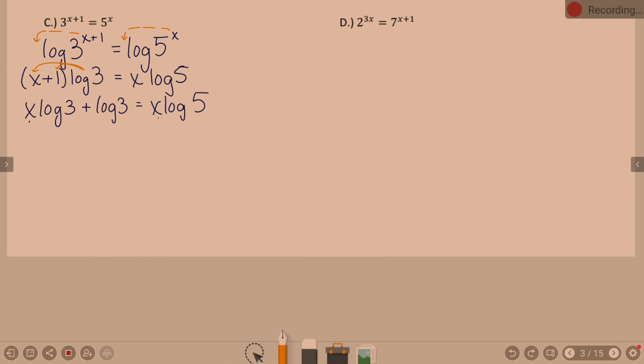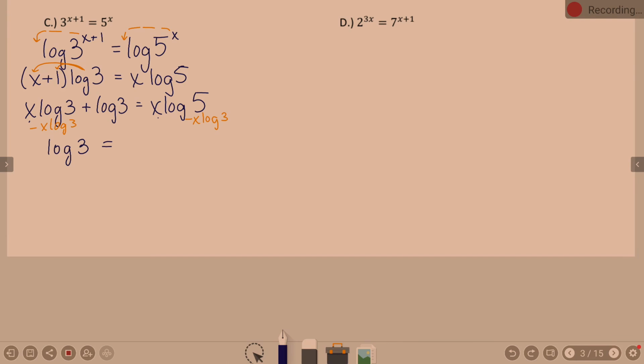So I'm going to subtract x log of 3 from both sides of the equation. On the left, that just leaves me with log of 3. On the right, x log of 5 minus x log of 3 is just that.